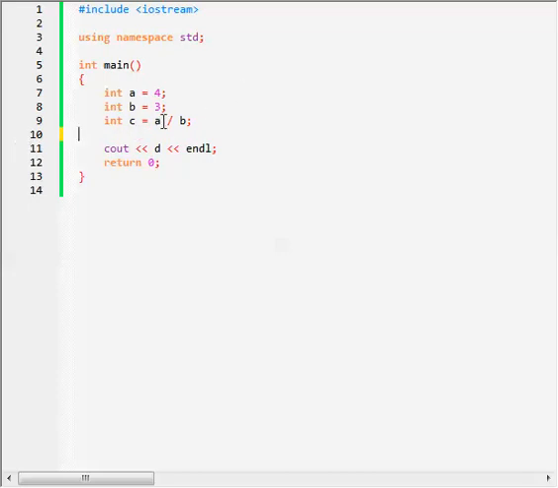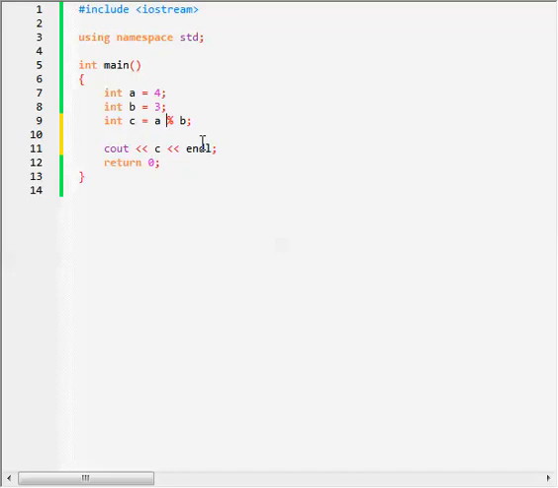If I multiplied it, it would just be normal integer multiplication. 12 will be the answer. Now there's also the operation known as modulo. Now the modulo operation will divide the two numbers, and then it will find the remainder.